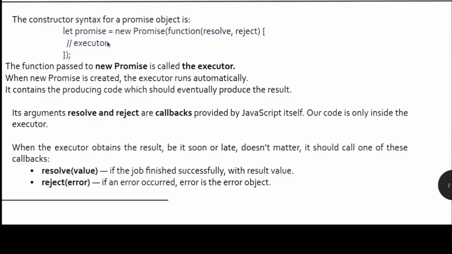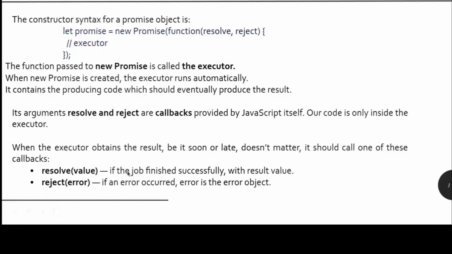So the code will run asynchronously, or in other words, you would put the producing code that would produce the result. And once you get that result, instead of calling just a user-defined callback, you would call these two callbacks. So that's the difference. You would call either resolve or reject, and it depends on the result of the asynchronous operation.